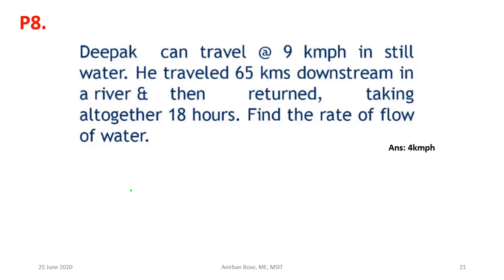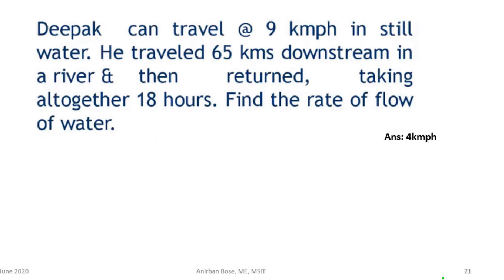So here Deepak can travel at 9 km per hour in still water. So what is given? That is, b is 9. Now he travels 65 km downstream. 65 km downstream means what is the velocity in downstream?